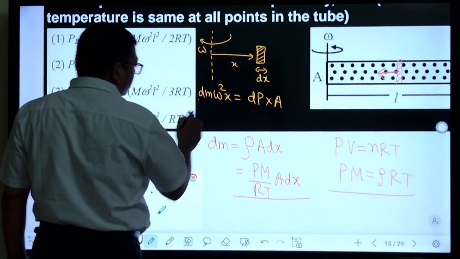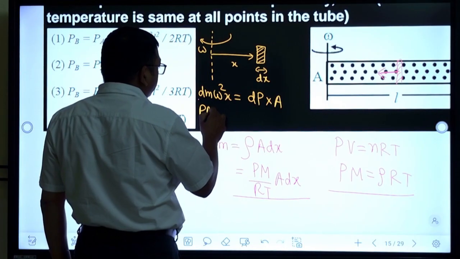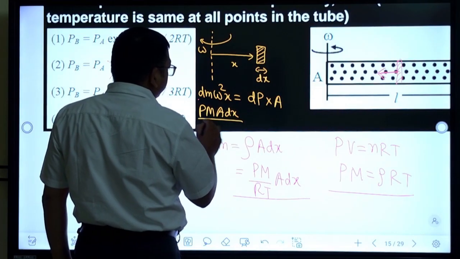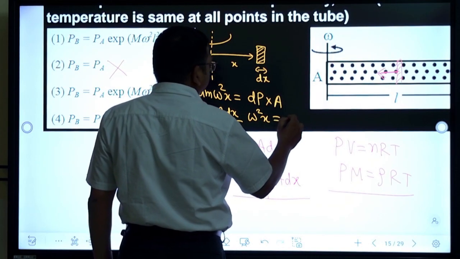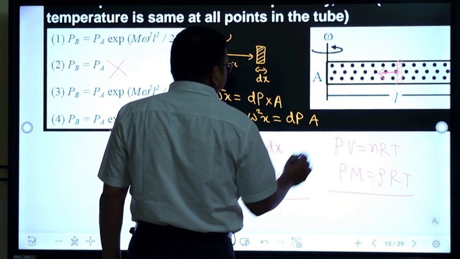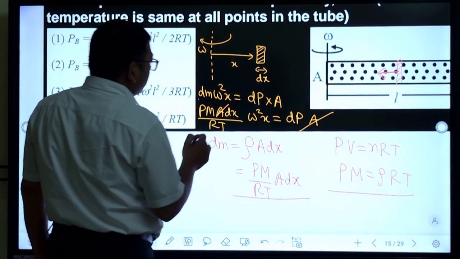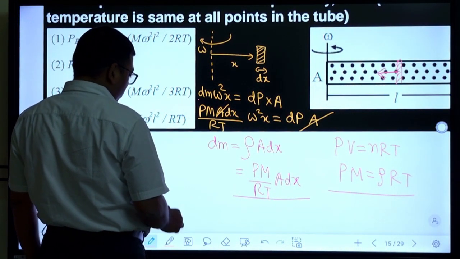After you substitute dm, it will come as PM A dx divided by RT, and this is omega square x equal to dP into A. So the A factor will get cancelled, right? What do we get then? In terms of pressure, we are getting that equation, correct?